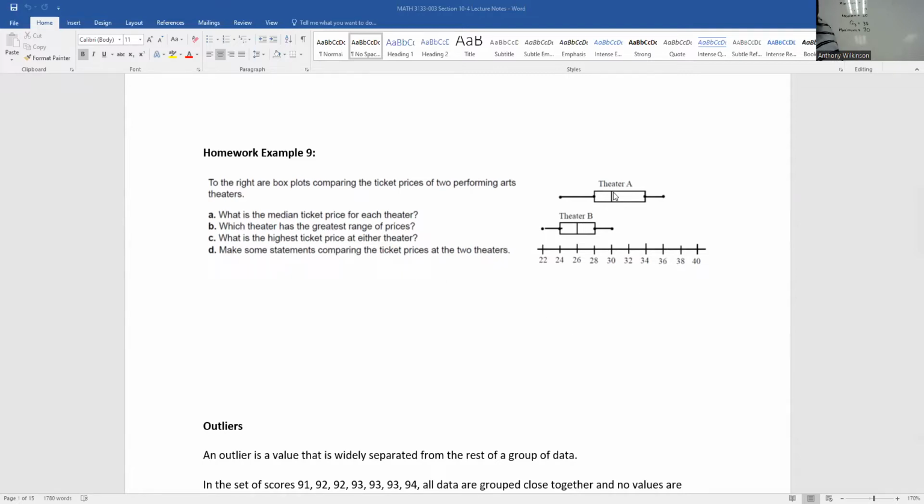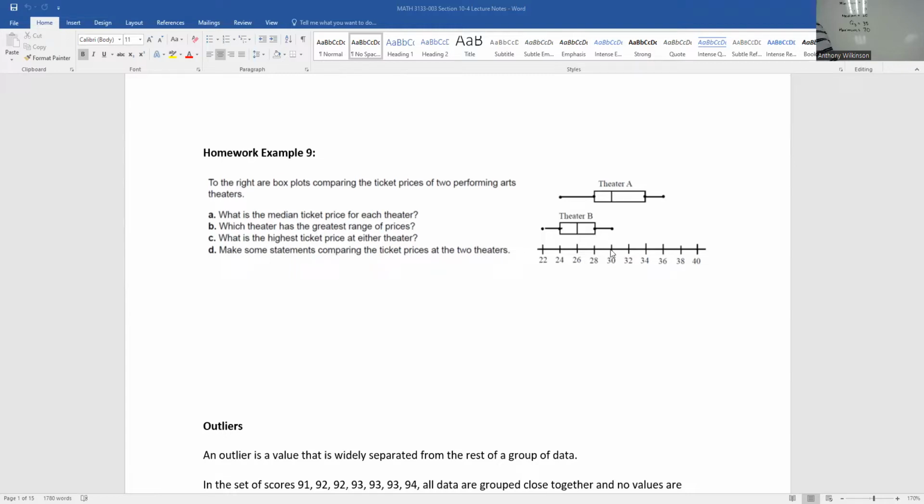So for theater A, the median is this bar right here that's inside the box. For theater A, what would be that median? It'll be 30, okay? Because that's the bar that's in the middle of that box plot.